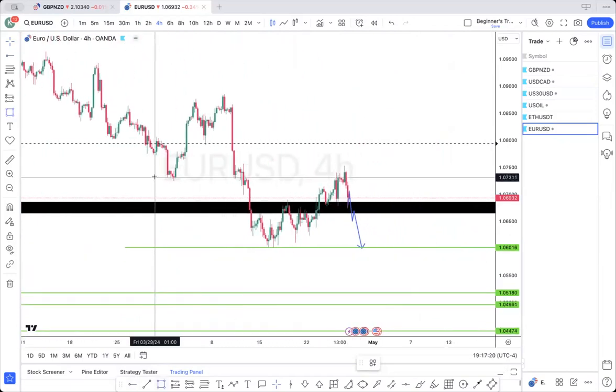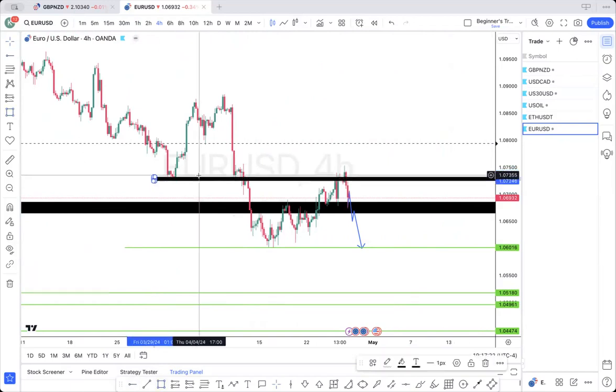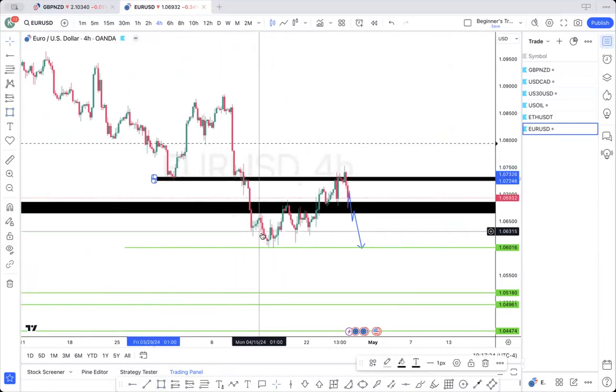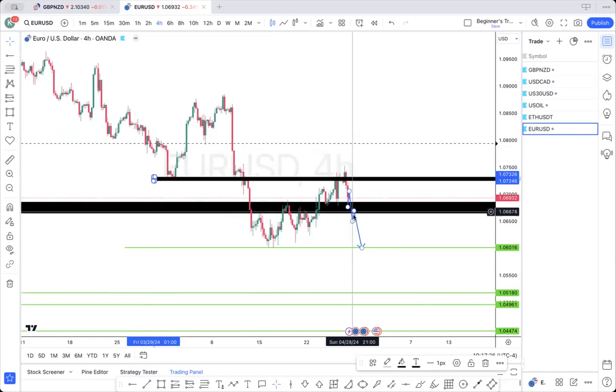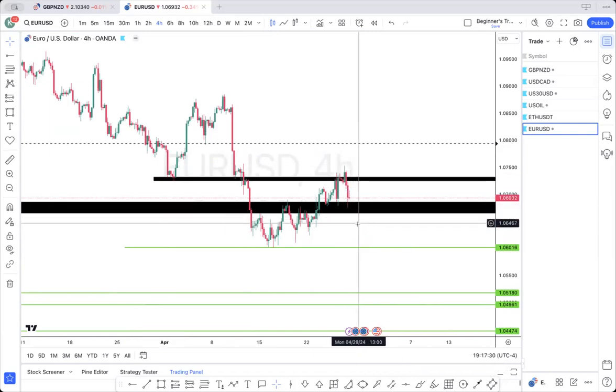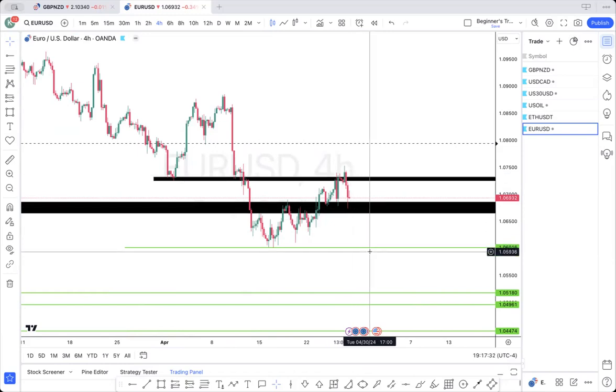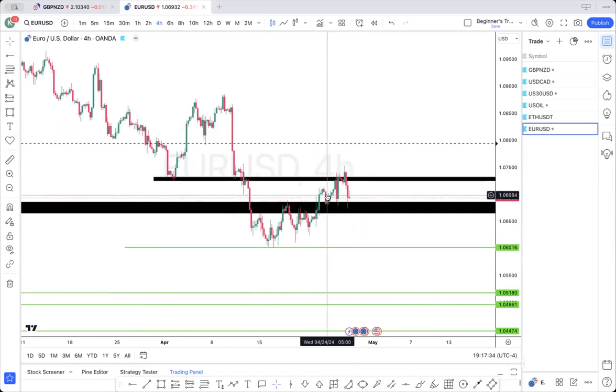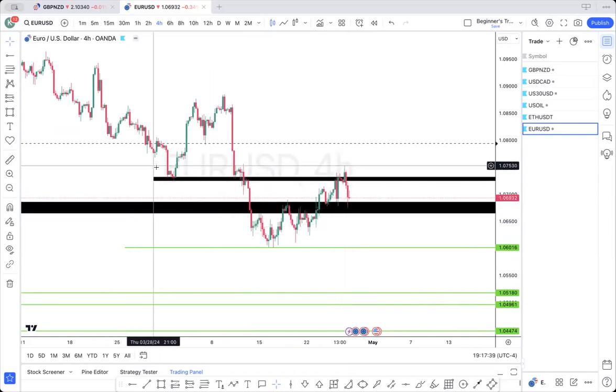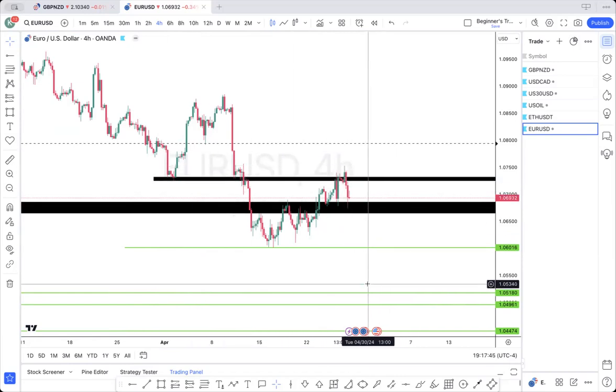Based off of market structure and price action, you can see price broke here, pulled back, and it's pushing down. So it might just keep going. Although it's above my zone, it just might keep going back down. It might have just come to retest this initial break to then start selling back down.